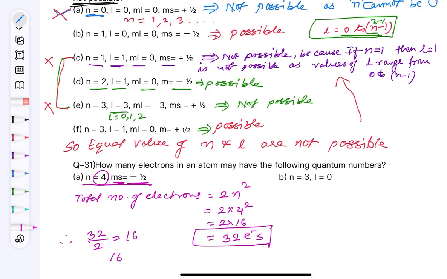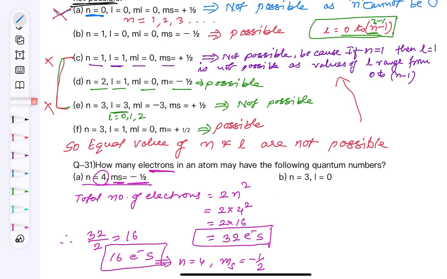So 16 electrons will have n is equal to 4 and spin quantum number as minus half. Why it is not taken 32 is because 32 electrons will have both plus half spin and minus half spin. So we divide by 2 because half of them are going to have plus and half of them minus half. So the total number of electrons they are asking is 16.